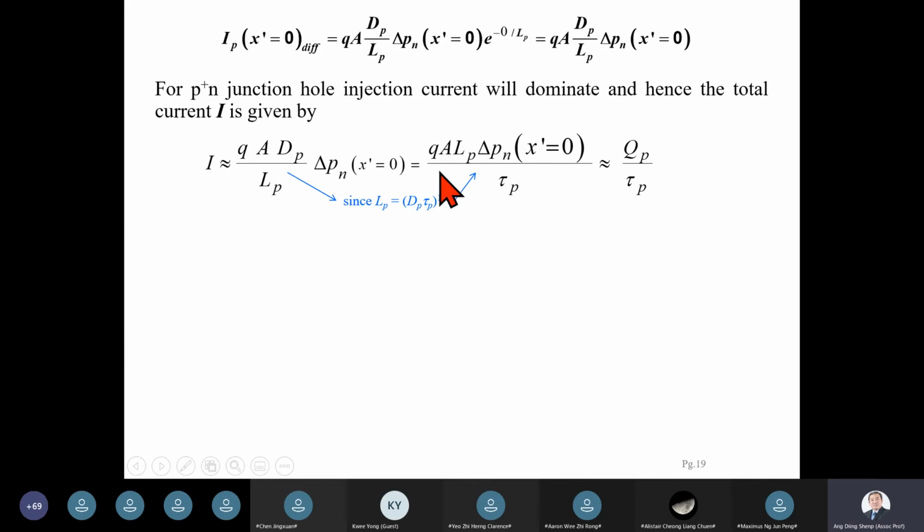Now if you look at the numerator term, it is none other than QP, representing the total amount of holes stored in the quasi-neutral N side.